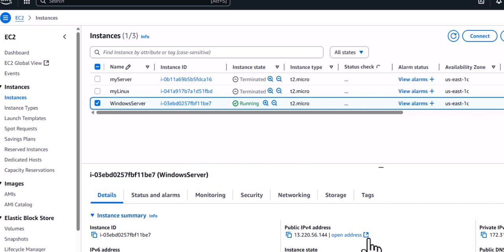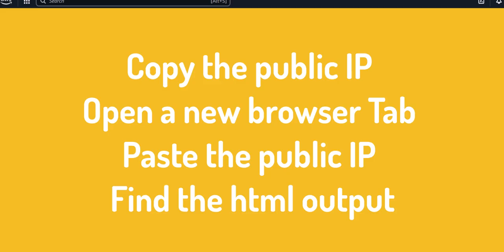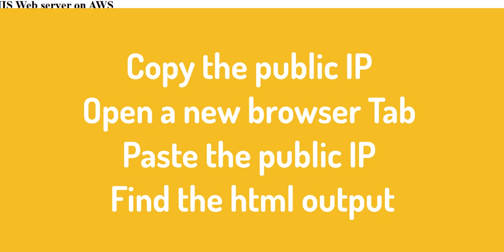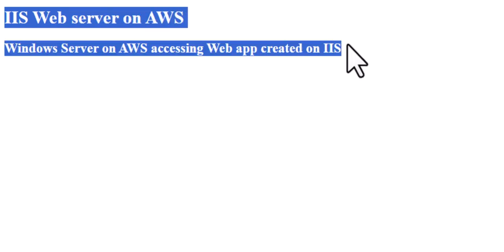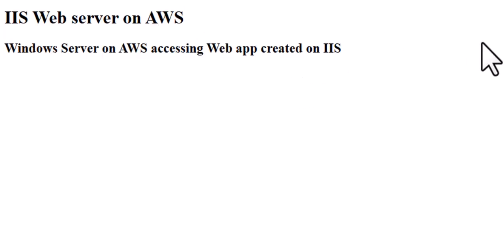You select that, and then you have something called a public IP address. Just copy that and then paste it in the browser. And this is the output what I have got in a web browser.